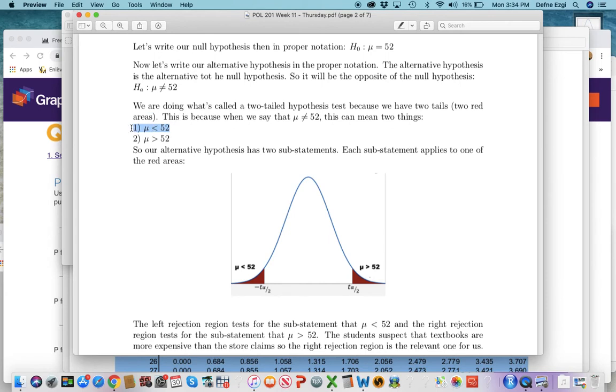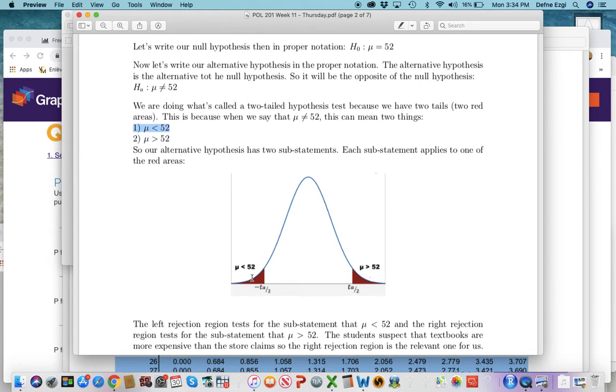So in order to not ignore the first substatement, I'm going to take the negative version of my sample t-score. My sample t-score was positive 1.78. I'm going to take the negative version of that, negative 1.78.